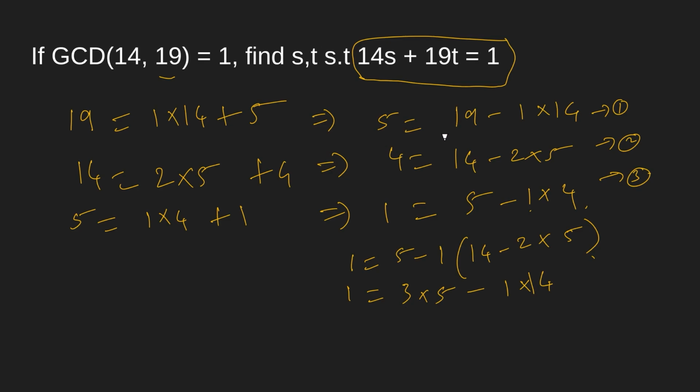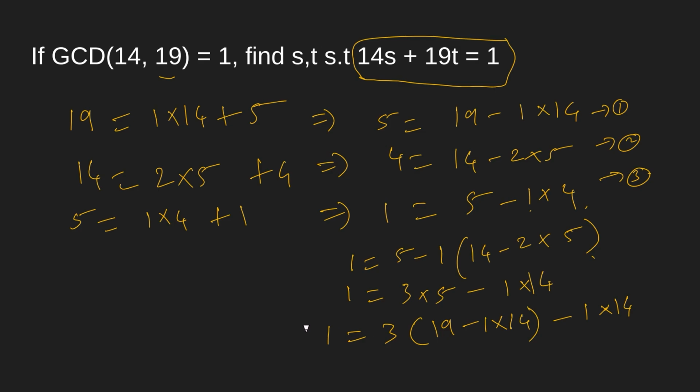But from equation 1, we can say that 5 is equal to 19 minus 1 times 14. If we substitute that, we get 1 is equal to 3 times (19 minus 1 times 14) minus 1 times 14.